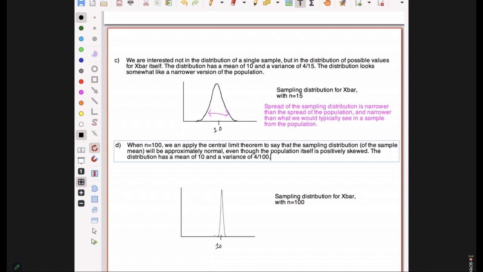So that variance has come down drastically from our original population. And all this is to say that when we are taking samples of size 100, we're going to get very precise estimates of our population mean, and we're going to have a good idea of what the shape of that distribution is.